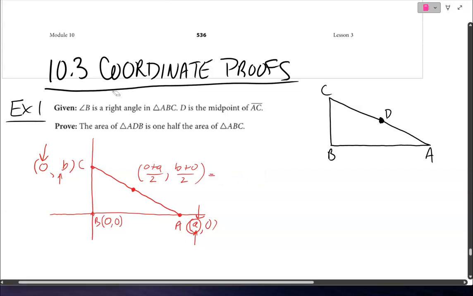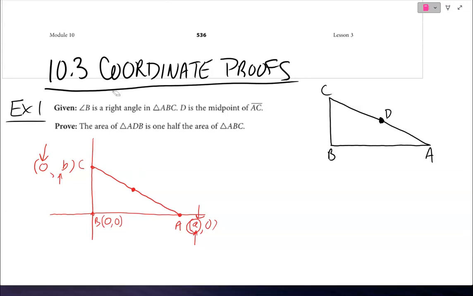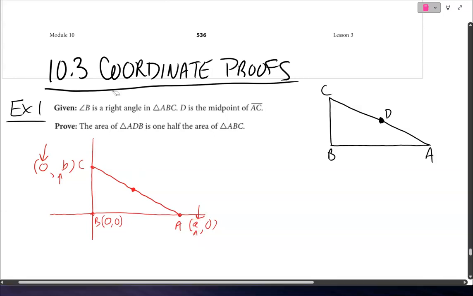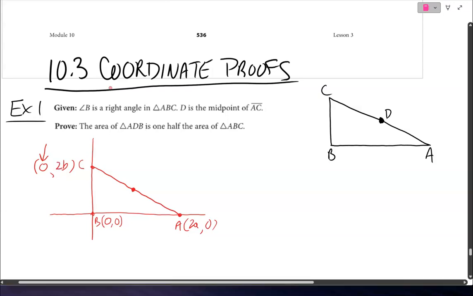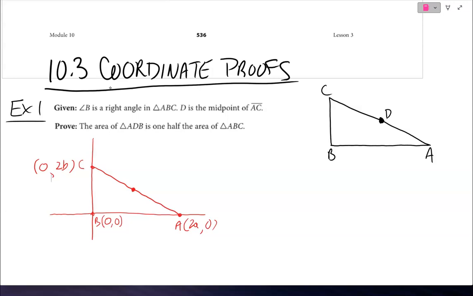So let's erase what we did so far. We'll erase that. And then instead of calling this point a, if I call it 2a, and I call this y coordinate 2b, now I'm going to prevent fractions, because look at what happens.